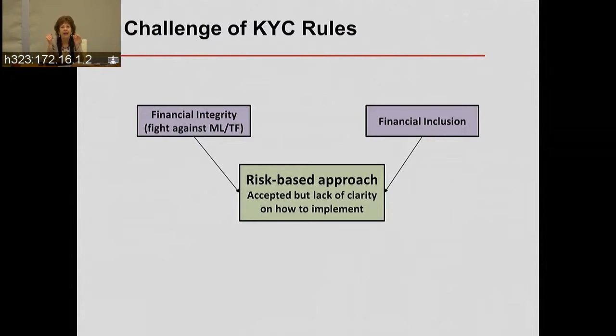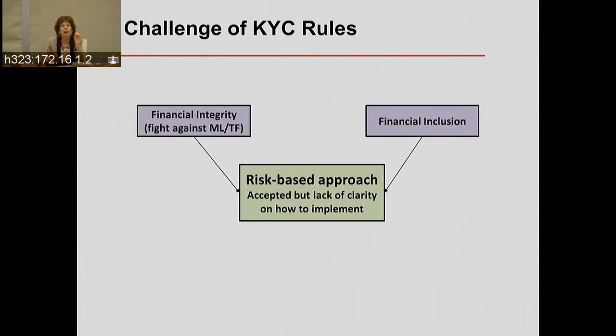To say that we are going to only accept zero tolerance for money laundering might not work in the world. There's always going to be theft, there's always going to be fraud in the system, and therefore just saying we're going to have only zero tolerance might actually be burdensome.